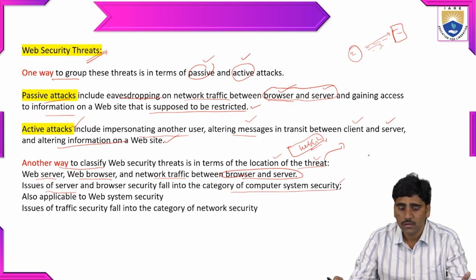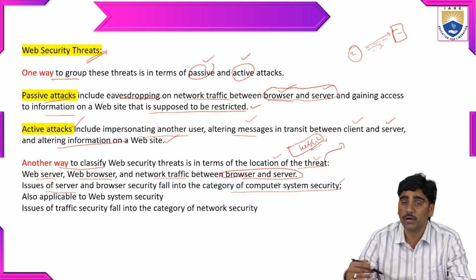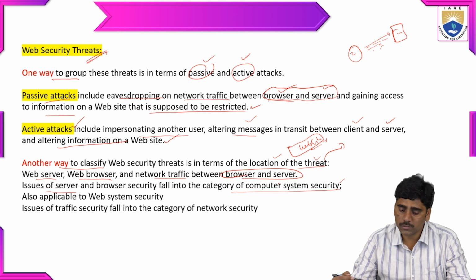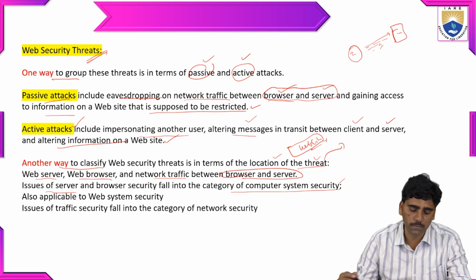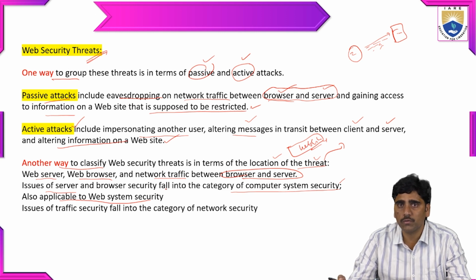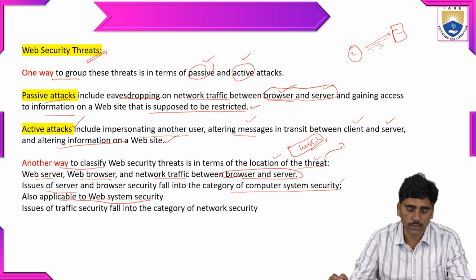Issues of server and browser security fall into the category of computer system security, because the computer maintains the browsers and servers. That category is also applicable to web system security.